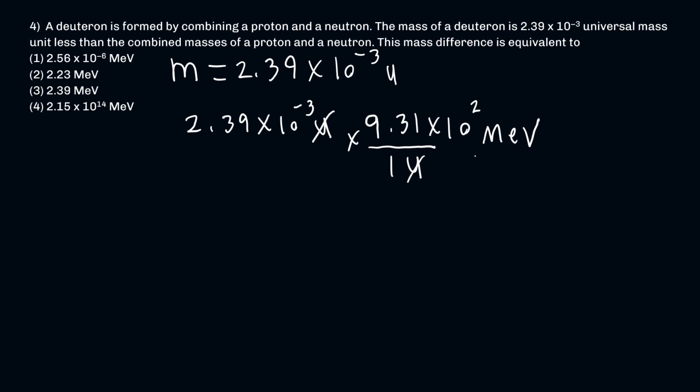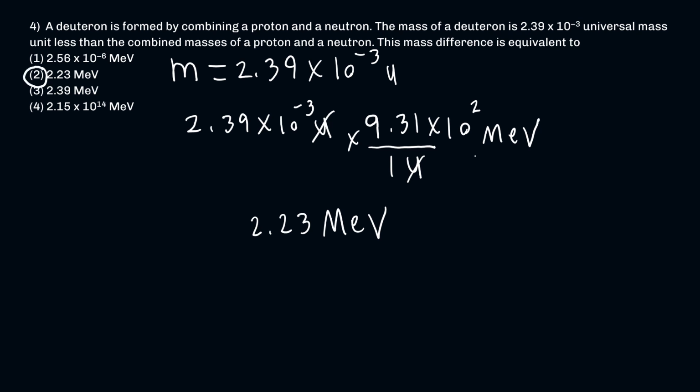And you should get around 2.225, so 2.23 mega electron volts is going to be the energy here, or the difference, or the mass energy is equivalent to this energy. So that is going to be answer choice 2, 2.23 mega electron volts.